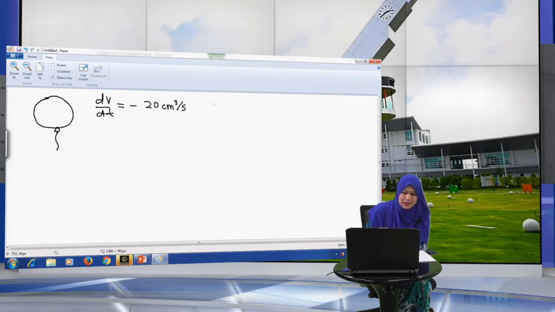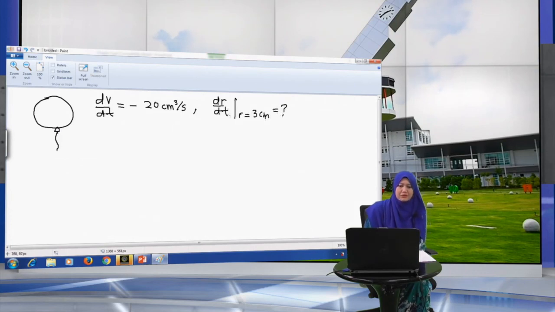Now the question asks, how fast is the radius changing? So we need to find dr/dt, and the condition is when the radius is 3 centimeters. Now first we have to determine the relation between V and r.